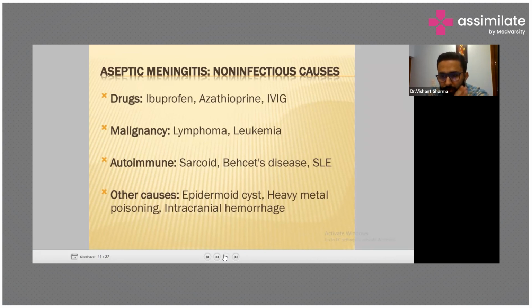So always remember, we need to go step by step. You can make a very good diagnosis only if you evaluate a patient properly from head to toe. First of all, we said we need to check the sensorium. Very good. We check for neck rigidity signs. Very good.